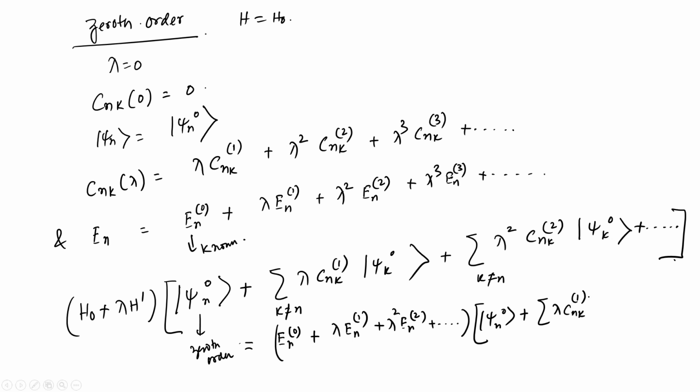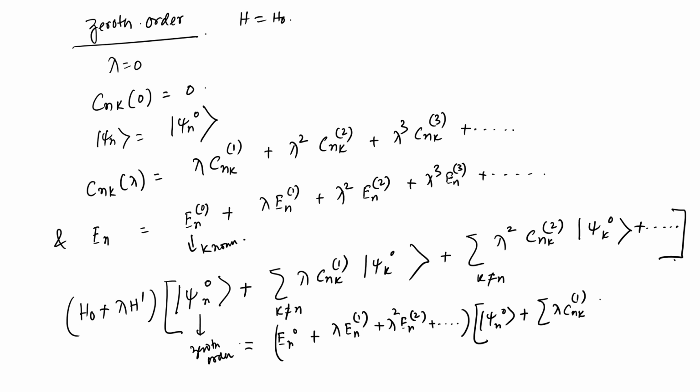So, we are writing the 0 without a bracket in the superscript, but all other orders we are writing it with a bracket. Anyway, your C n k 0 equal to 0. So, that is not there, but in the eigenfunction and the eigenvalues we will not put a bracket. So, we will simply write it like that.